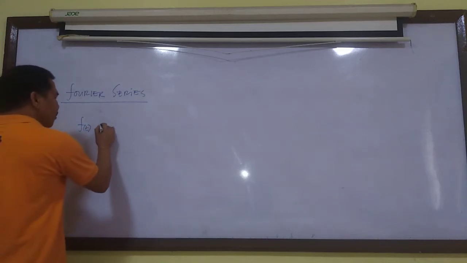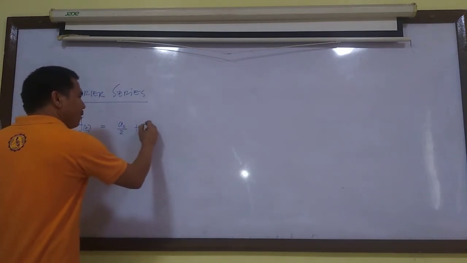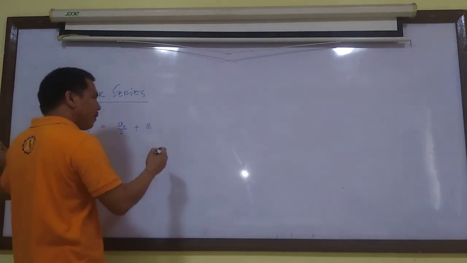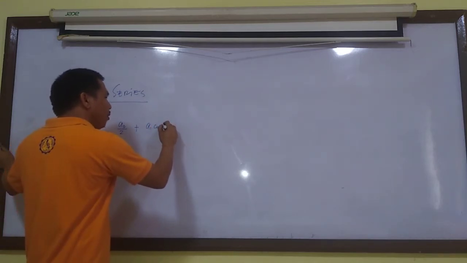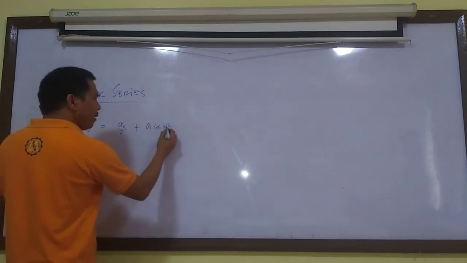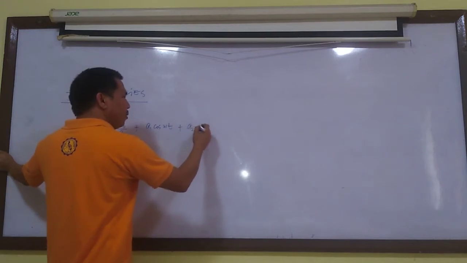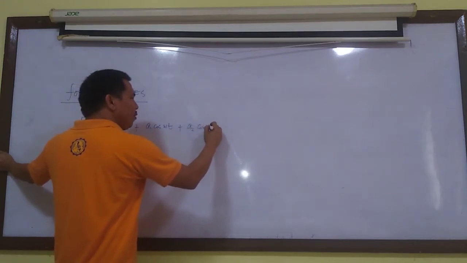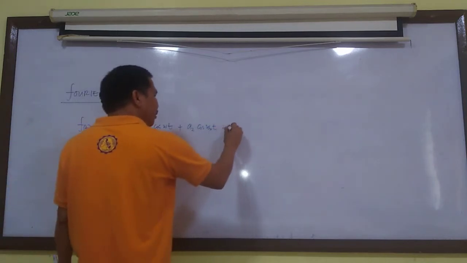So function of time is equivalent to a0 over 2 plus a sub 1 cosine of omega t, plus a sub 2 cosine of omega 2 times t, and so on.